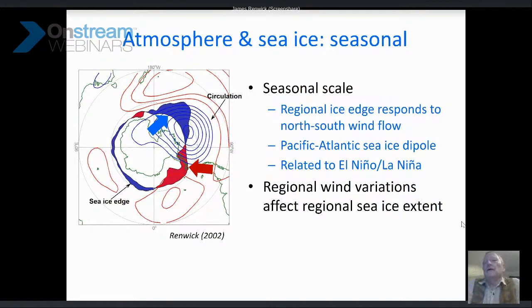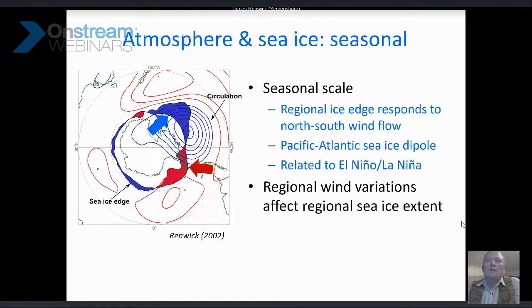So during a La Nina, you expect to see more sea ice over the Central Pacific and less sea ice near the peninsula. And vice versa, in an El Nino, you get less sea ice over the Central Pacific, and so on. So it turns out that on the 20-year, 30-year timescale, it's the sequence of El Ninos and La Ninas that actually dictate how much sea ice you get around the Antarctic coast, at least across the West Antarctic.